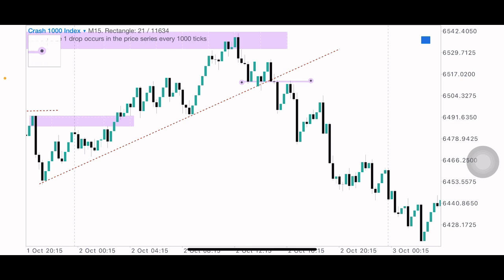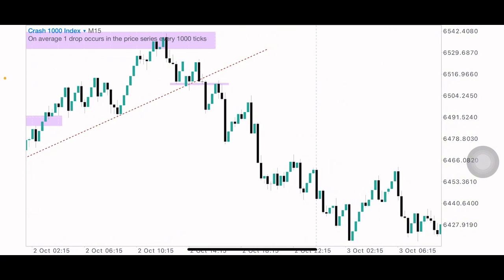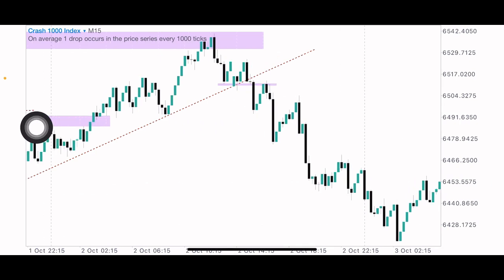Look at it. You mark the lows around that area. You mark that area, and what do you want to do next? You want to wait for price to retrace back to that level where it broke and where your trend line is. Okay, you want to wait for price to retrace back to it.